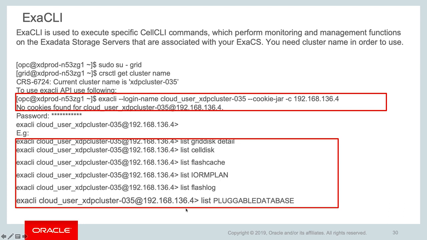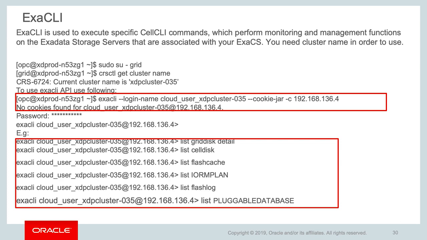So now we will move to ExaCLI, and ExaCLI is used to execute specific cell CLI commands, and it performs monitoring as well as management functions on Exadata storage servers. So one thing here is storage cells in the ExaCS environment are not directly accessible by the customer.